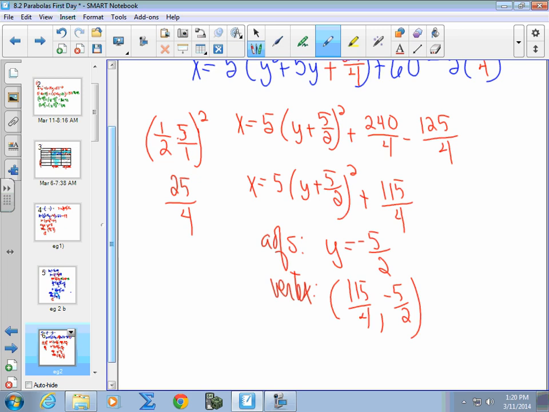And it opens to the right. If a is a positive number, it opens to the right. If a is a negative number, it opens to the left. Okay?